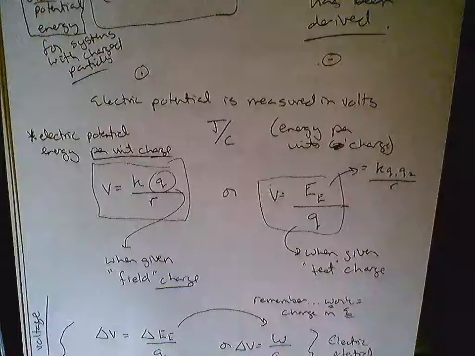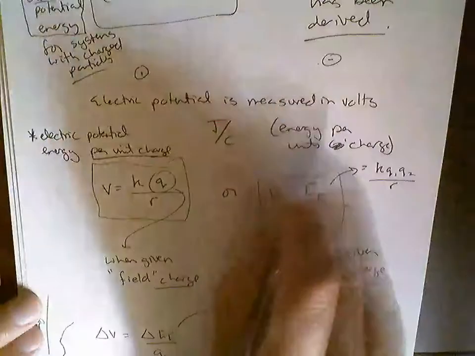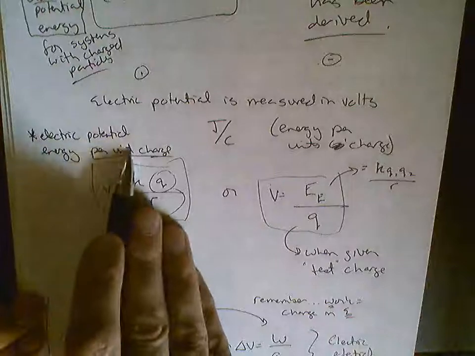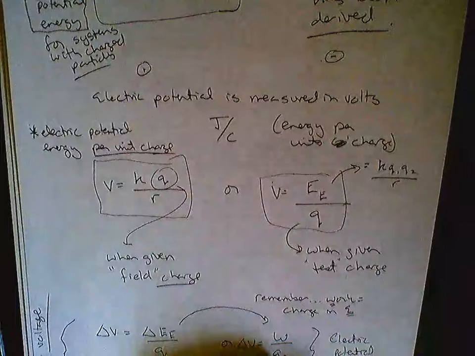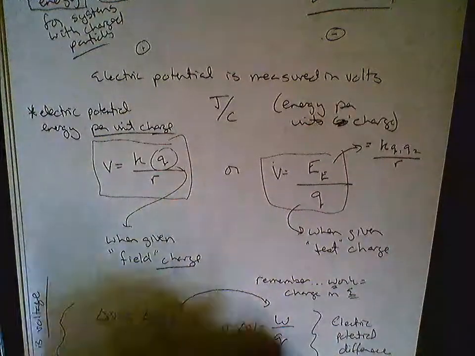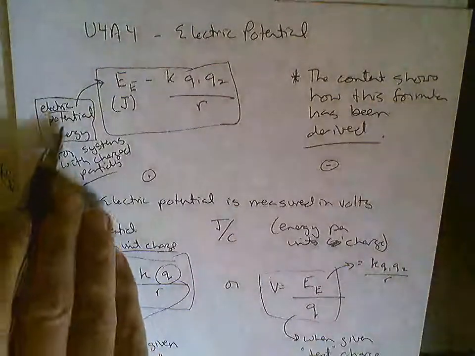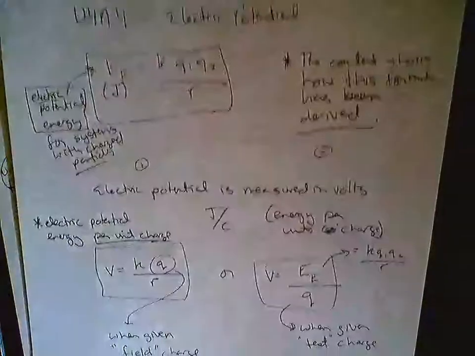Electric potential, now we're no longer saying electric potential energy, we're saying electric potential, is measured in volts, and it's the electric potential energy per unit charge. So there's two ways we can determine this. We've got two formulas we can use. So let's back up. If they use the terminology electric potential energy, we use this formula.